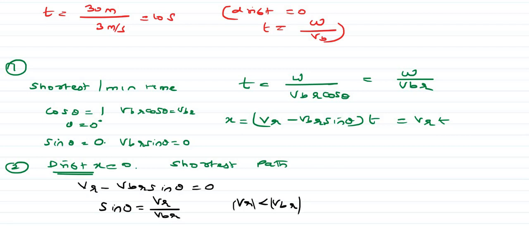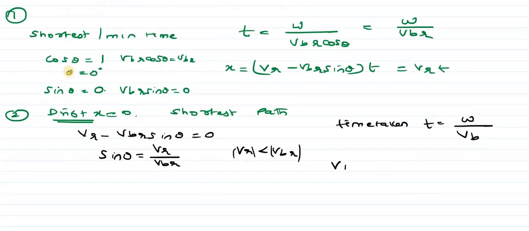So under this condition, what is the time taken? It is not given by VBR. It is width by only the VB component. And VB can be found out using the Pythagoras theorem, that is VBR square minus VR square. Clear all of you? Ritisha, is it clear? Okay. Next case.